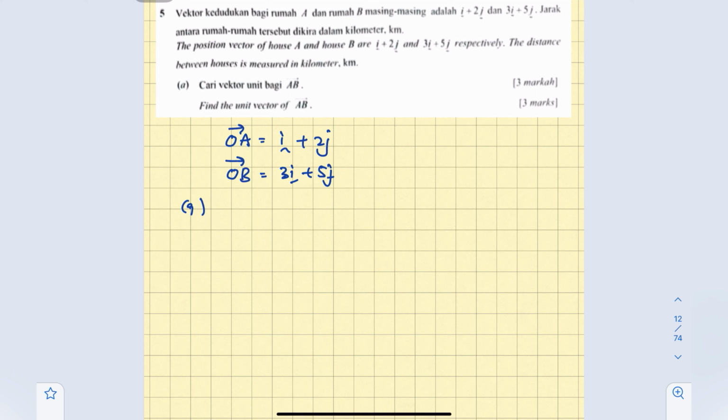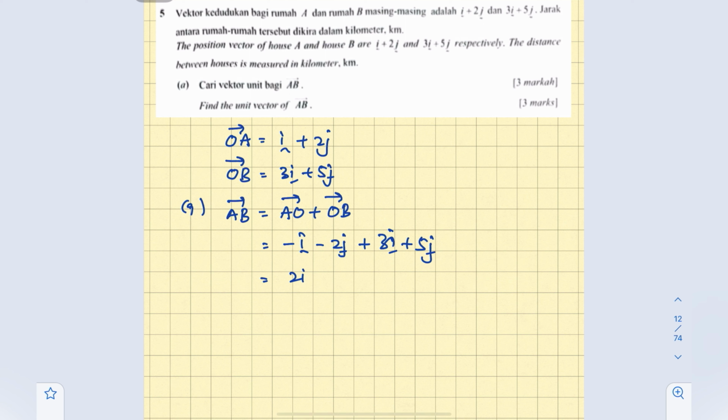Okay, vector AB is AO plus OB. You must write the triangle law, otherwise even if the answer is correct it is marked wrong. So vector AO is in the opposite direction, negative i minus 2j. OB is 3i plus 5j. So we get 2i plus 3j.